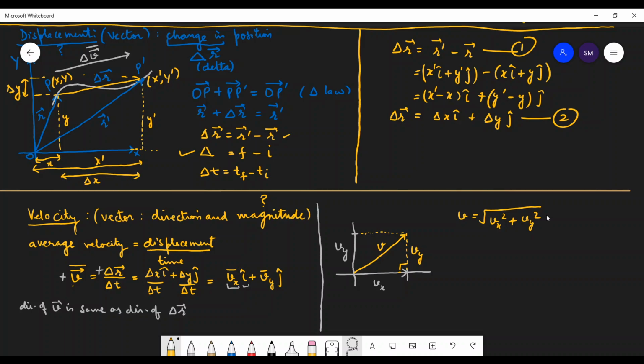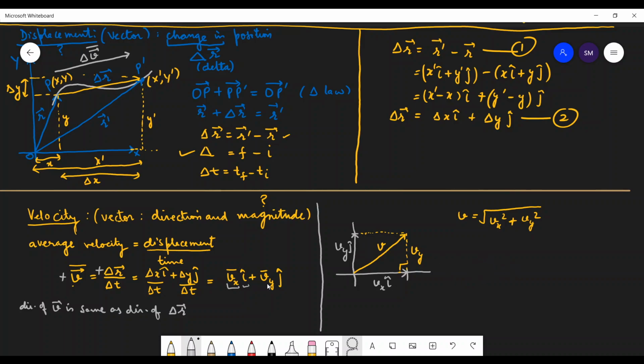So this is the magnitude of the velocity. Vx is the magnitude of velocity along the x-axis, Vy is the magnitude of velocity along the y-axis, and if I want to write it as a vector, then this vector is Vx i cap, and this vector is Vy j cap.